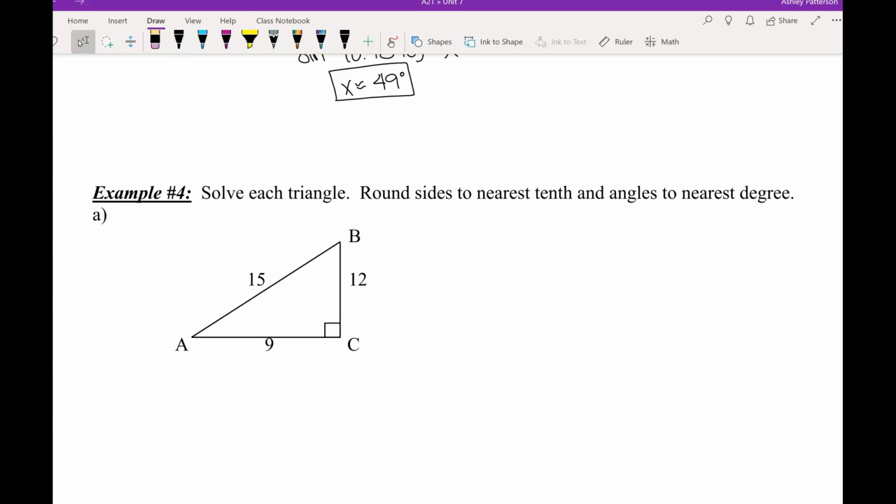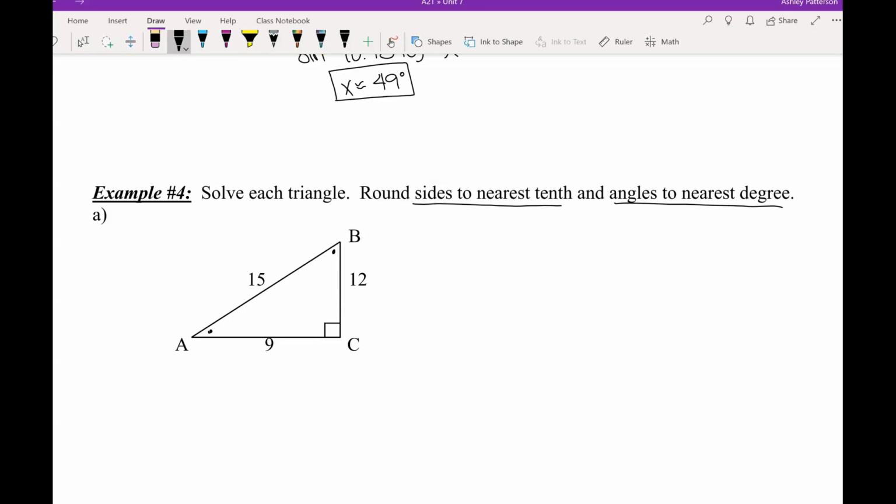Solve each triangle. Round sides to the nearest tenth. Okay, so sides are to the nearest tenth and angles to the nearest degree. Well, a triangle has 3 angles and 3 side lengths, so in order to solve it you need to find the missing pieces. For 4A, I'm missing angle A and I'm missing angle B. So let's find angle A first.